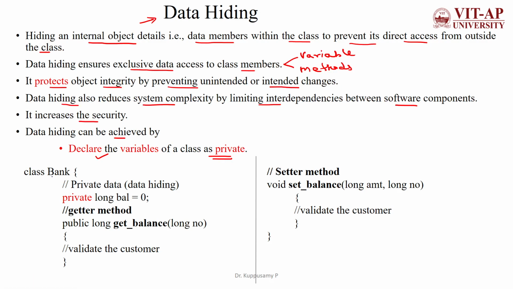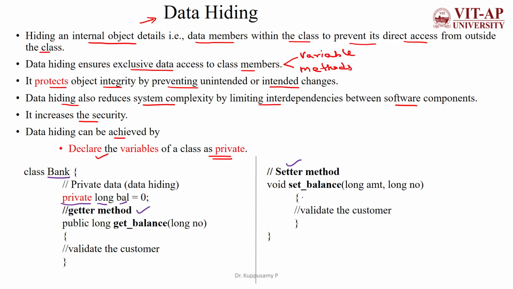For example, a Bank class is defined with a private variable of data type long, balance equal to 0. Then it uses two types of methods: one is the setter method and the other is the getter method.